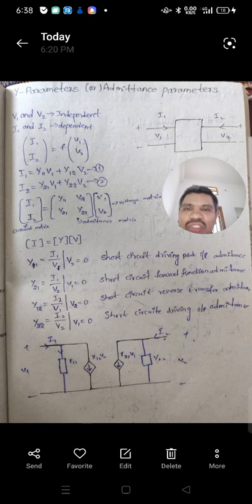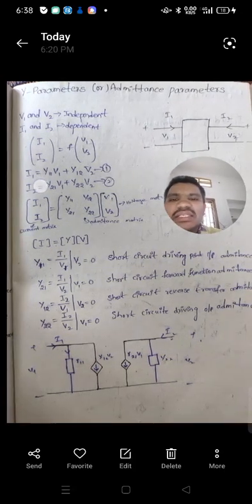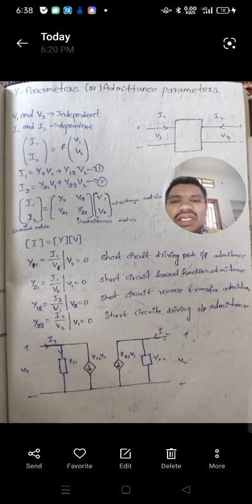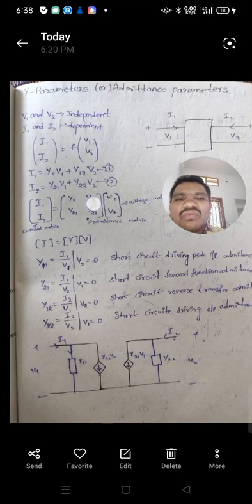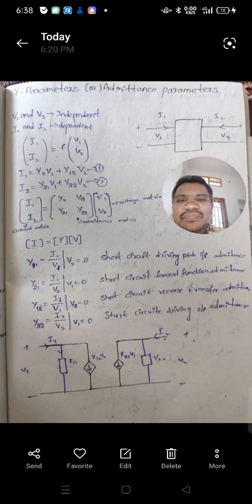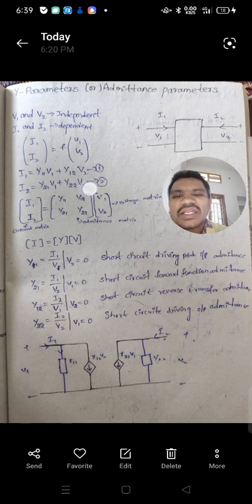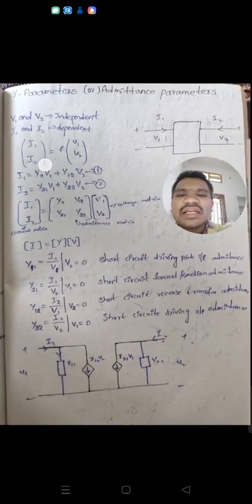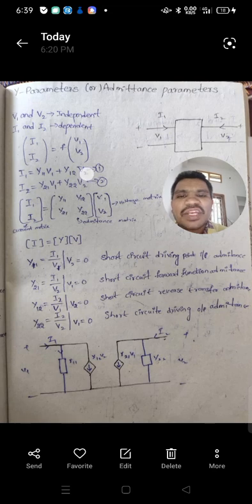So we have the two KVL equations. Here I1 is equal to Y11 V1 plus Y12 into V2, and the second KVL equation, I2 is equal to Y21 V1 plus Y22 into V2, because I1 is depending upon V1 as well as V2.